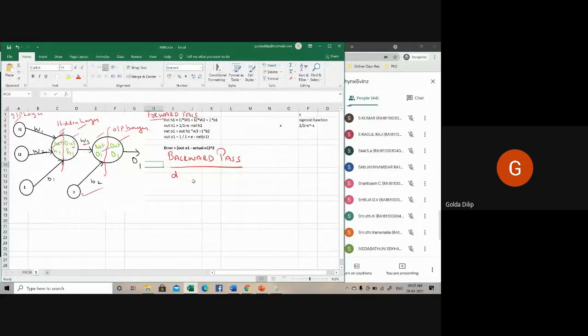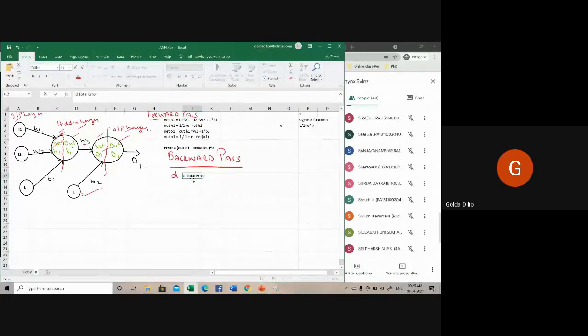D total error with respect to, we'll start from the back, D differential of the W3.